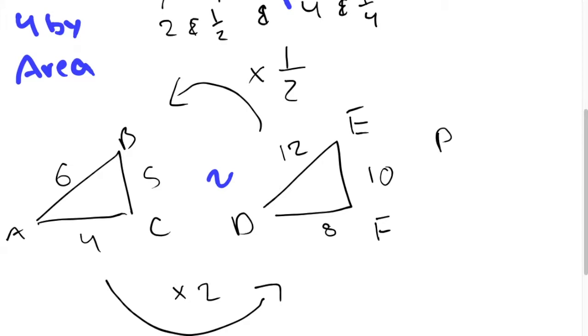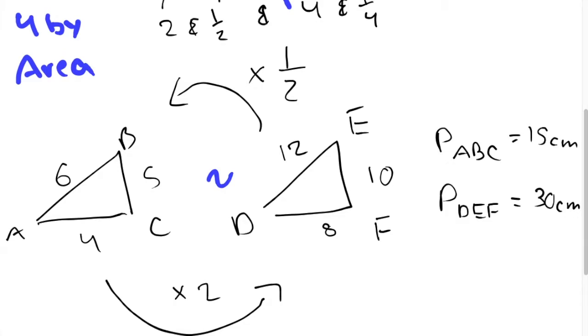The perimeter of triangle ABC, I'm just going to punch into my calculator, 5 plus 6 plus 4, which is 15 centimeters, and the perimeter of triangle DEF is 30 centimeters.